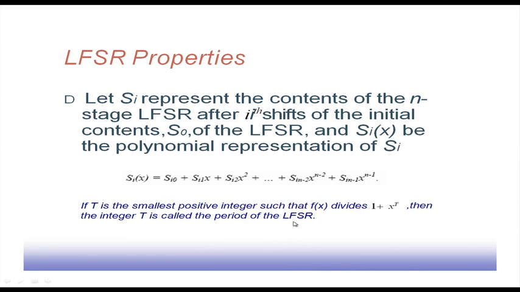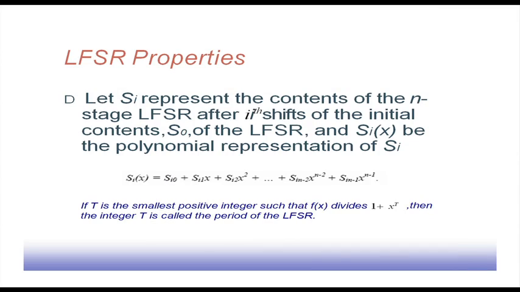If you initialize the LFSR with some pattern and then go on giving clocks, it will go on evolving itself, and after t clock cycles it is going to repeat the sequence of the content of the different cells. So, this t is called the period of the LFSR.